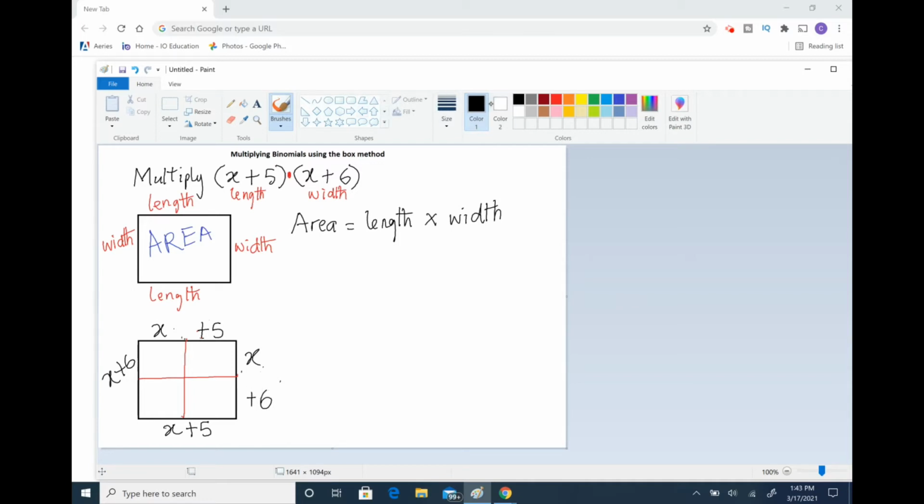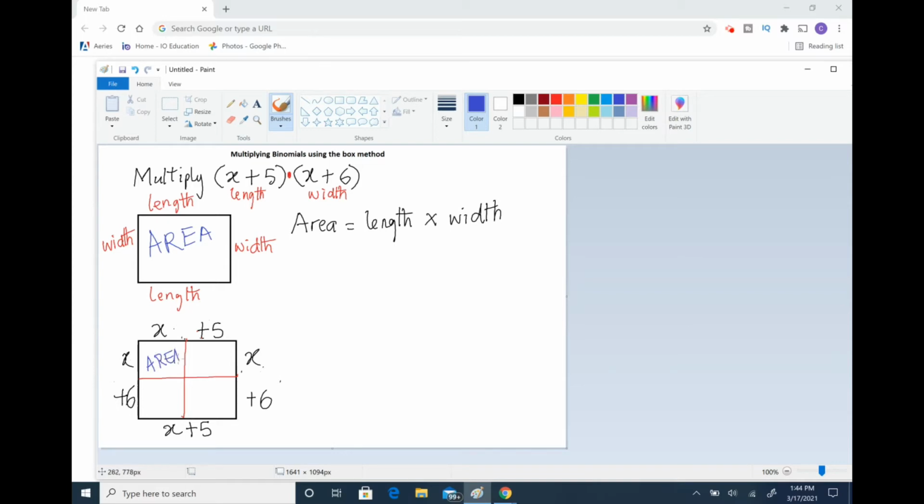So we are basically just splitting the sides using the problem. It was x plus 5, and we've split it into x and 5, and this side into x and 6. Now all we have to do is find the area of each small box.